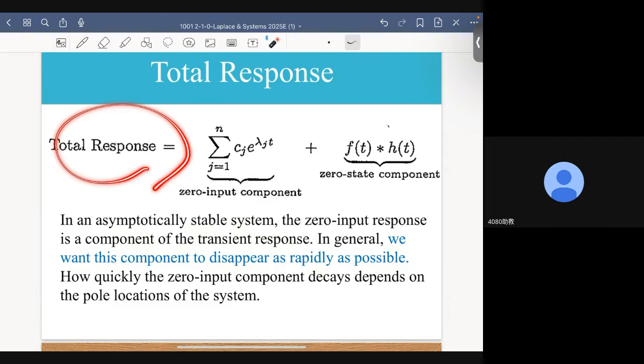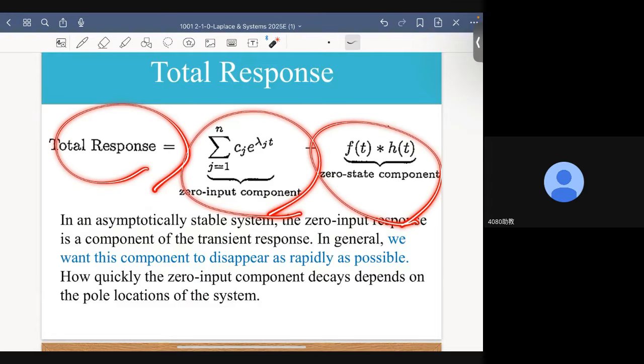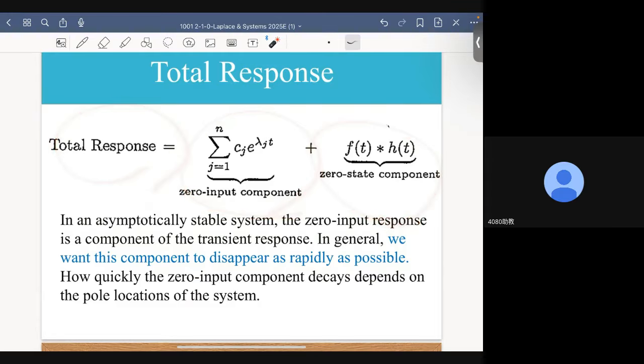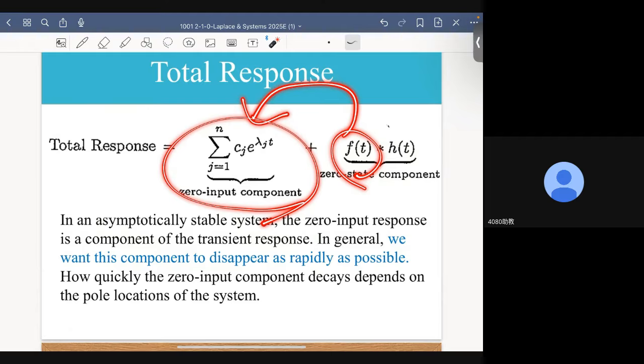This is the total response. This is the zero input response. This is the zero state response. In control, we can manipulate F to achieve the desired zero state response. But F, which is the input, has no impact on the zero input response, because it comes from initial conditions.